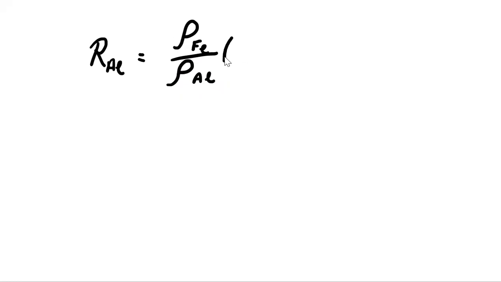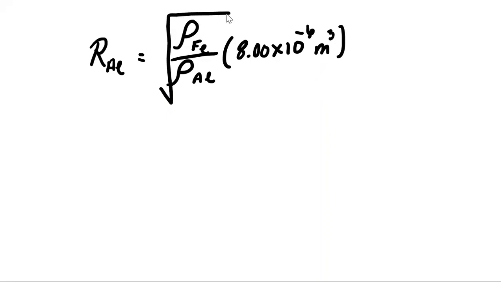So we're going to solve for the radius by taking the cube root of both sides. So we have the radius of aluminum is going to be equal to the cube root of the density of iron divided by the density of aluminum times this quantity, 8.00 times 10 to the negative 6 meters cubed. Remember, that's all underneath this cube root.